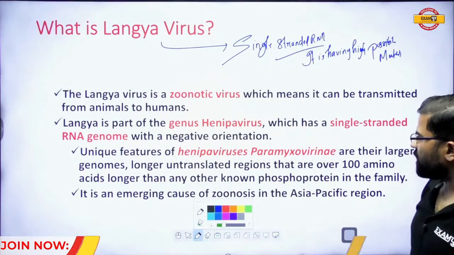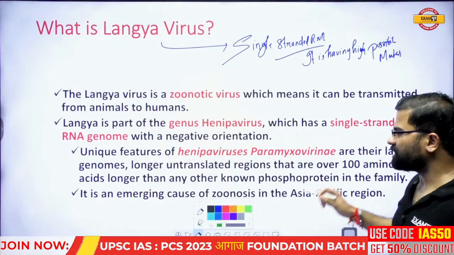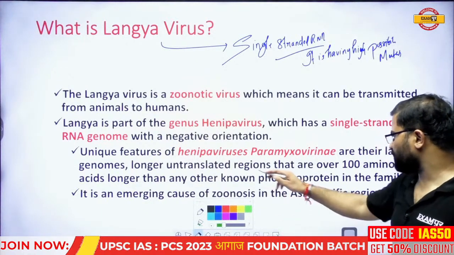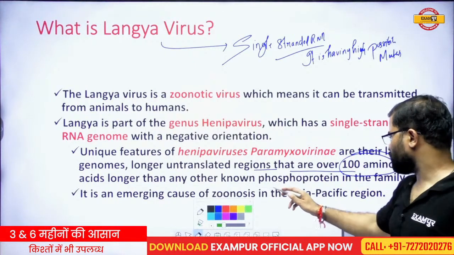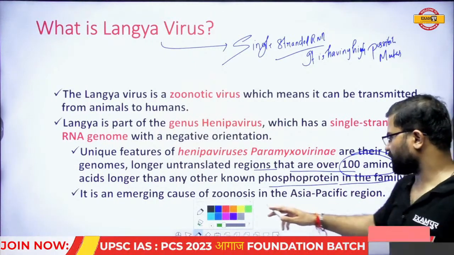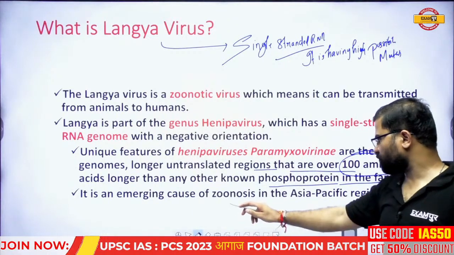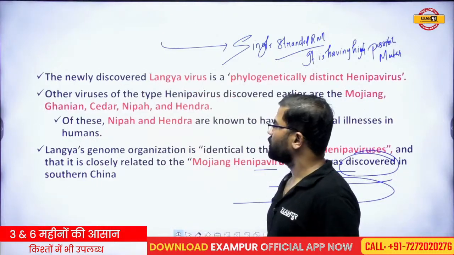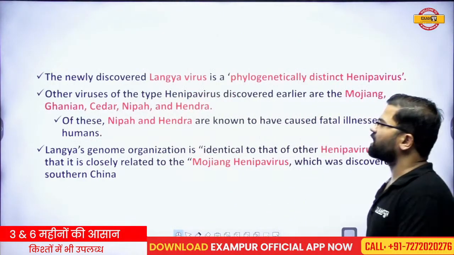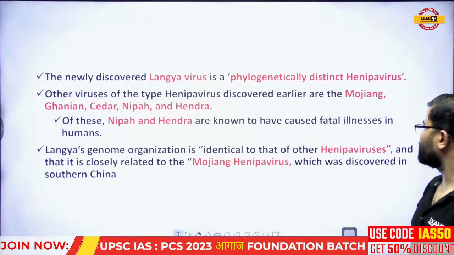Unique features of hantavirus are their larger genomes and long untranslated regions that are over 100 amino acids longer than any other known phosphoprotein in the family. It is an emerging cause of zoonosis in the Asia Pacific region. Now we will see the newly discovered Langya virus is a phylogenetically distinct hantavirus.